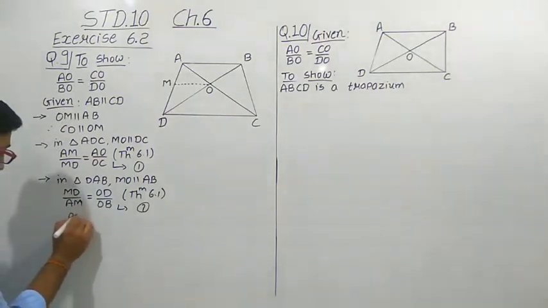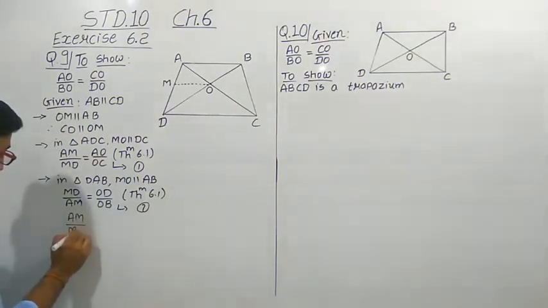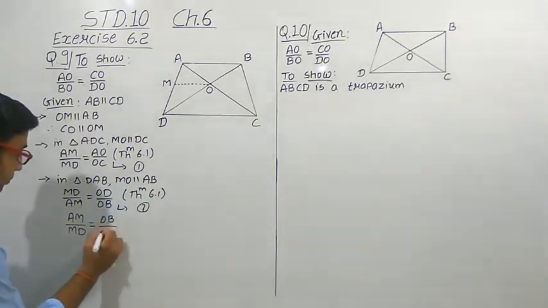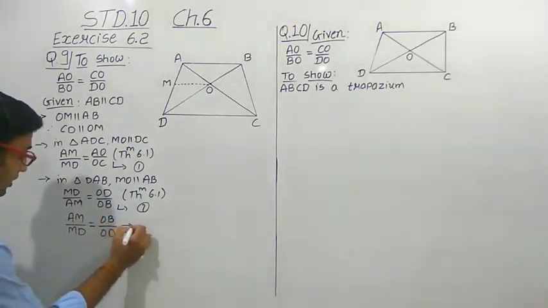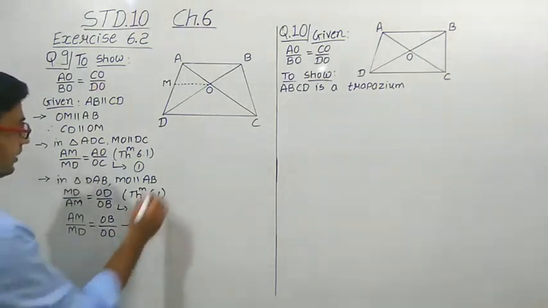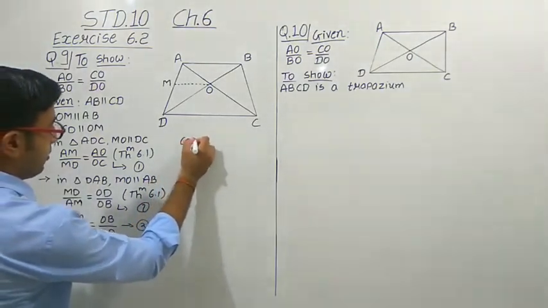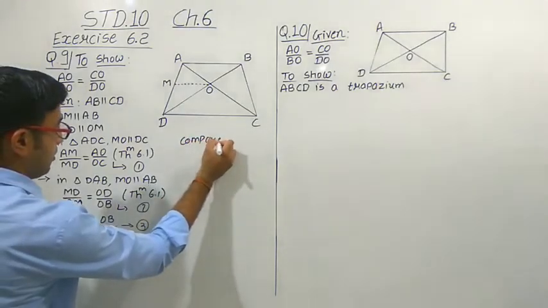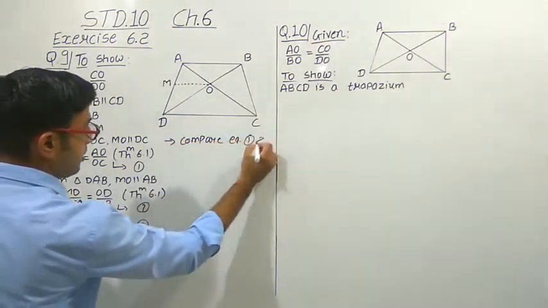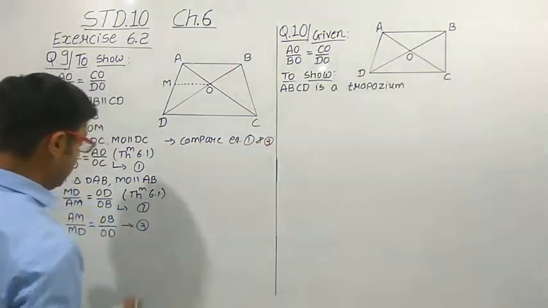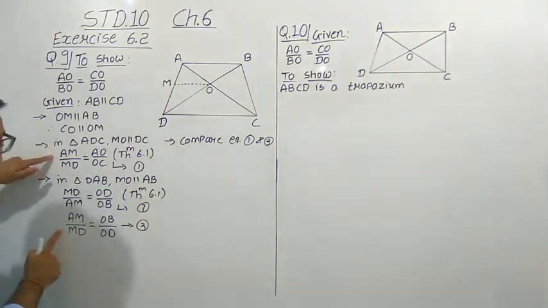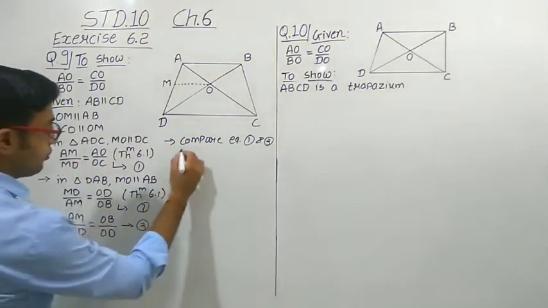So we can write AM upon MD is equal to OB upon OD. Give it equation number 3. Now compare equation numbers 1 and 3. We can see that the left hand side is equal, so the right hand side will also be equal.